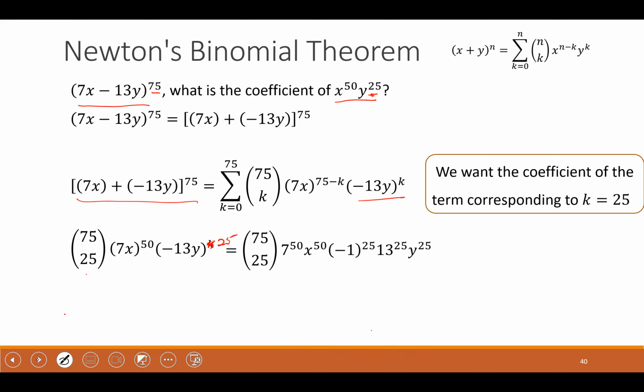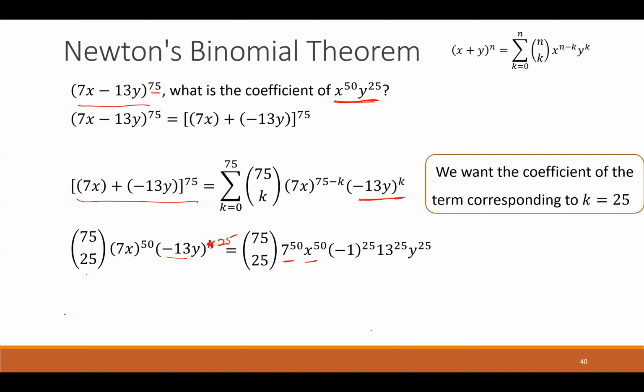Okay. This is equal to 7 to the 50 times x to the 50. And now this minus 13, I'm going to break it down into 13 and minus 1. Right? So yeah. Again, if you use k on your y term, the most important thing is to get y raised to the right exponent or x raised to the right exponent.